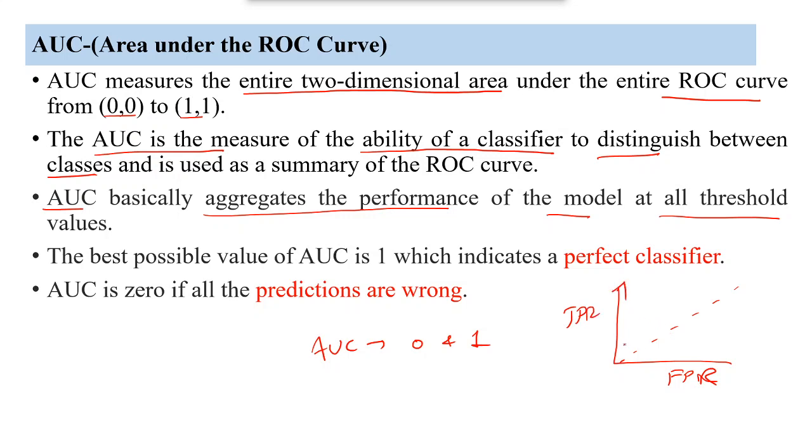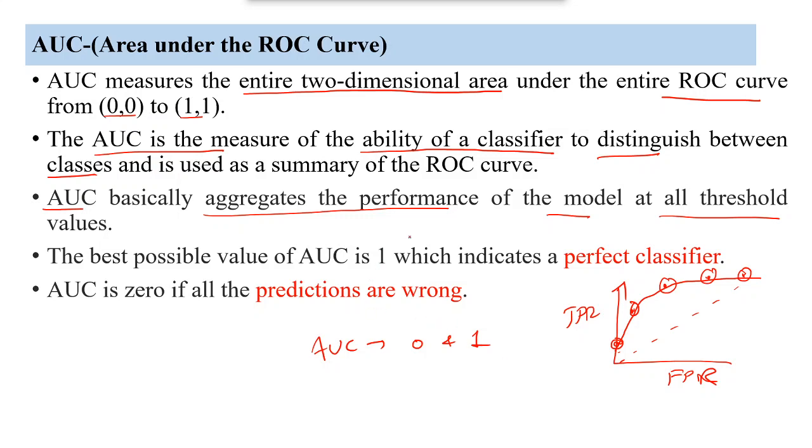Here there is one threshold, and another threshold, so many thresholds exist. With the help of the ROC curve, we can identify the classifier performance of the model.